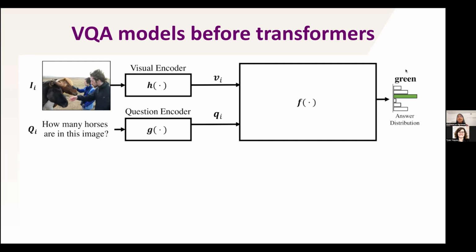Typically, we would treat this problem as a classification problem, where we produce a probability distribution over some predefined set of answer classes, which are usually mined from the training data set. So this model would be trained for the task of VQA only, trained on the training set of whatever data we are planning to evaluate the model on.